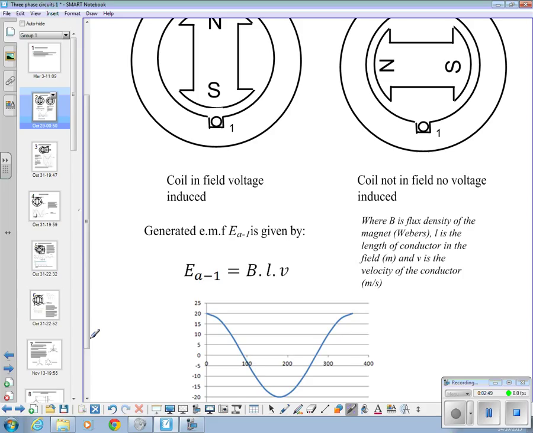EA1 is BLV. B is the flux density, in simple terms, the strength of the magnetic field.